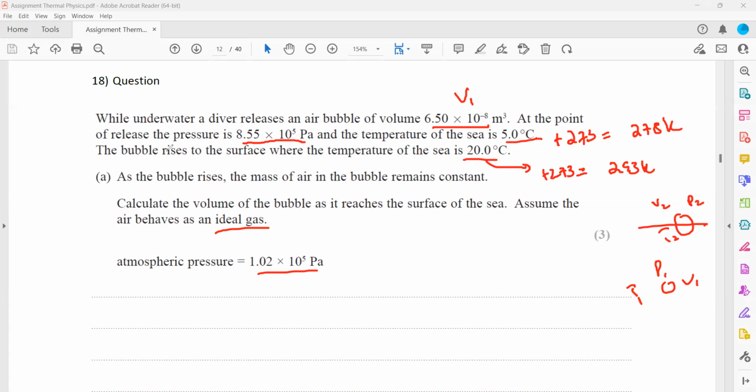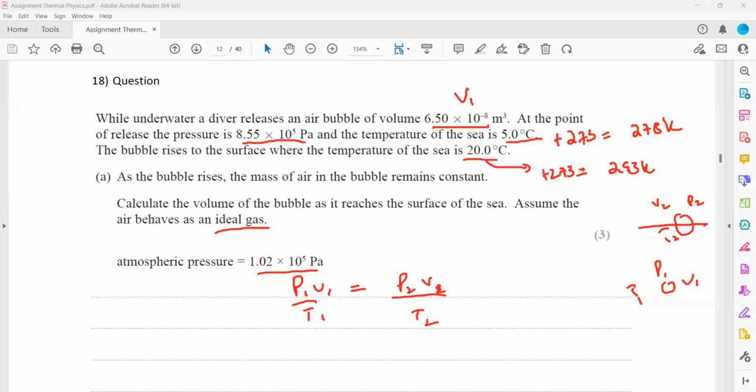So when all three parameters are changing, we can use the general gas equation. We can use PV = nRT, or we can also use P1V1/T1 = P2V2/T2. When all three parameters are changing, pressure, volume and temperature, then the product of pressure and volume divided by temperature is equal to the product of the new pressure and volume divided by the new temperature.